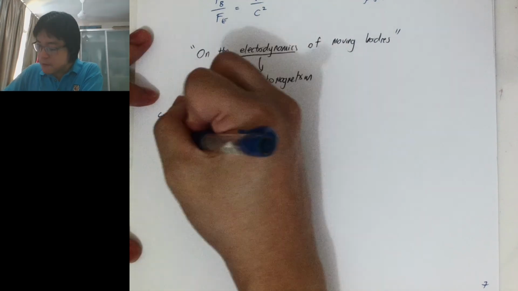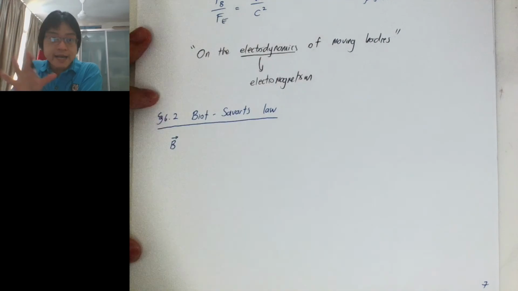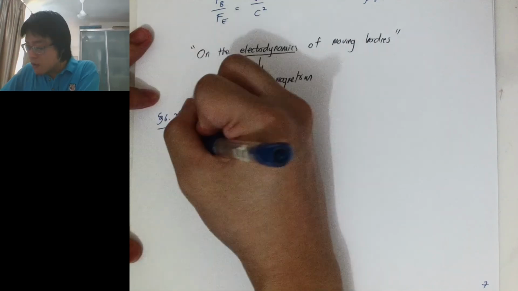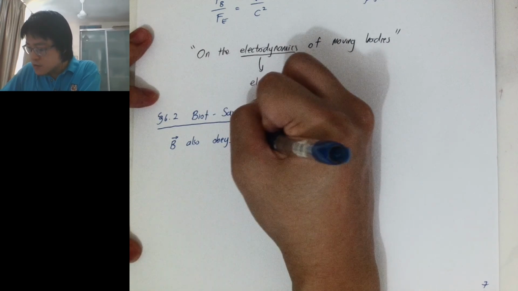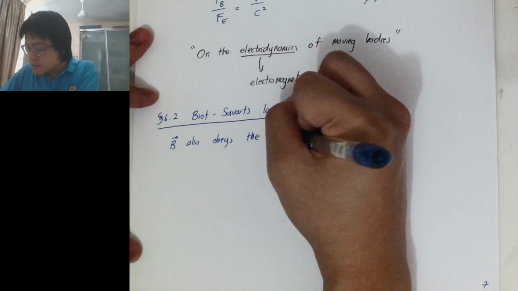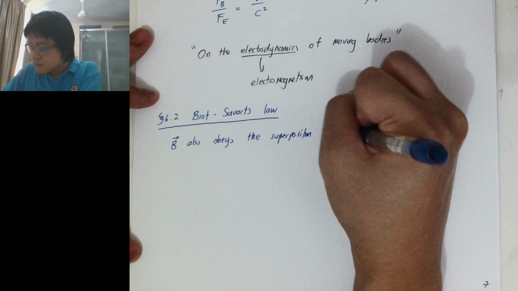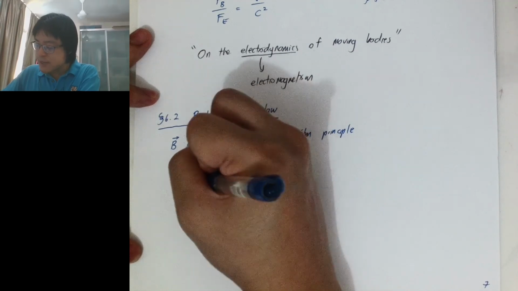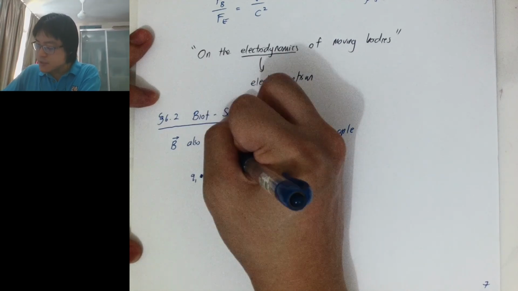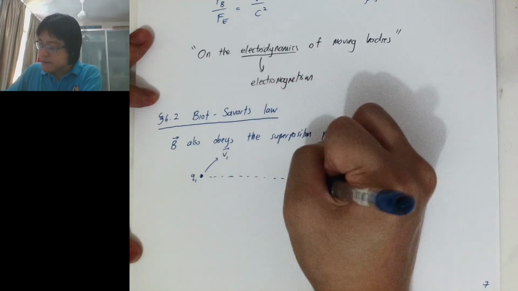Well, first thing we need to point out is that the magnetic field, like the electric field, also obeys the superposition principle. Let's say I have one charge going at this velocity, and then what is the magnetic field created at point P?